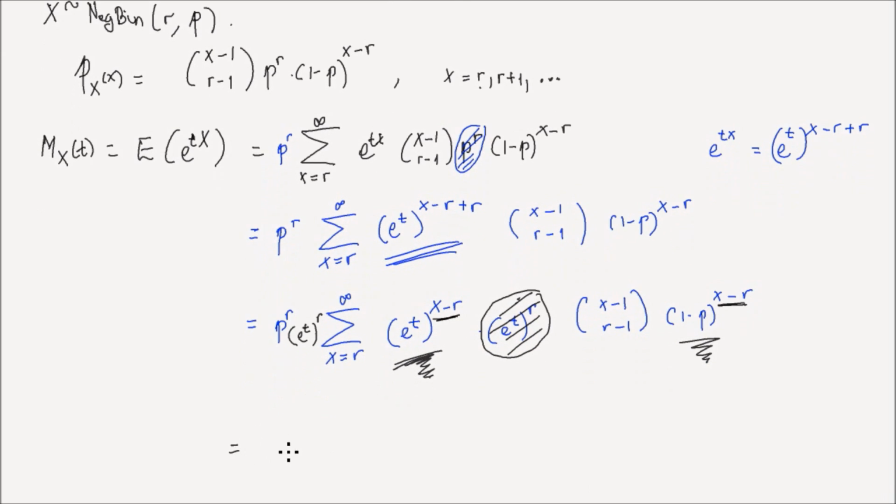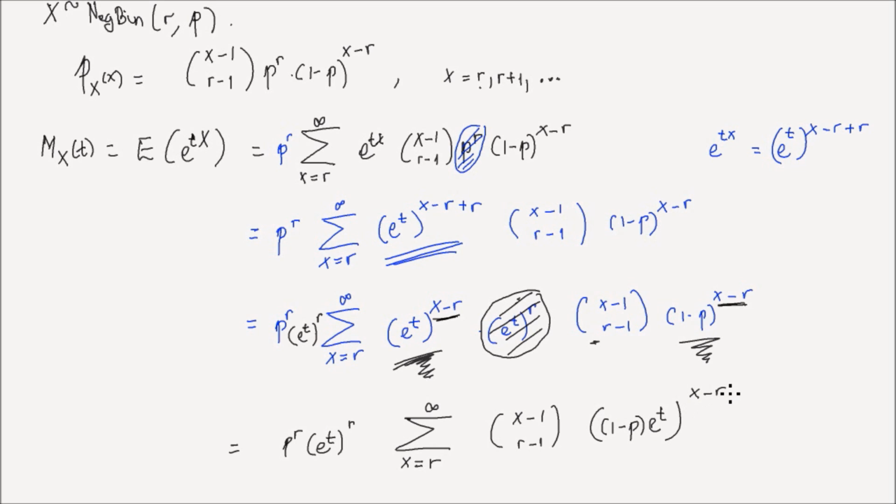And I would get p to the power of r times e to the power of t to the power of r, multiplied by the summation, x ranging from r to infinity, of x minus 1 choose r minus 1, multiplied by 1 minus p times e to the power of t to the power of x minus r.